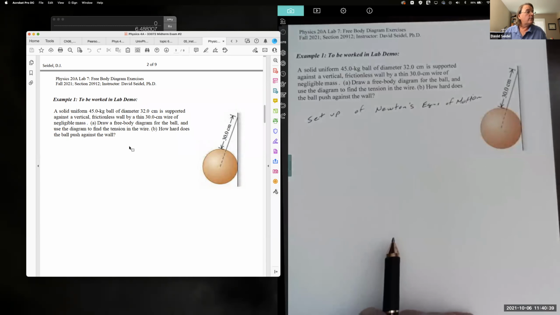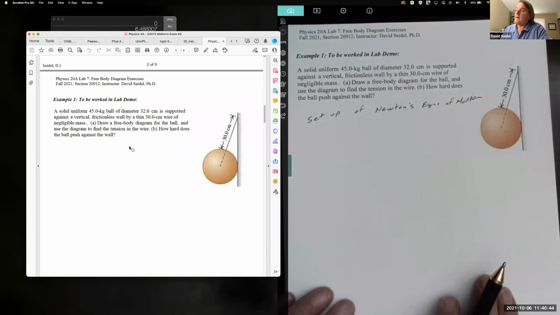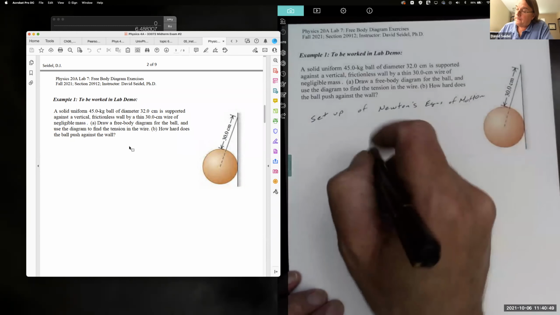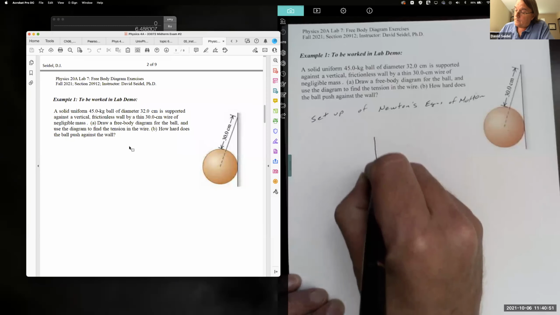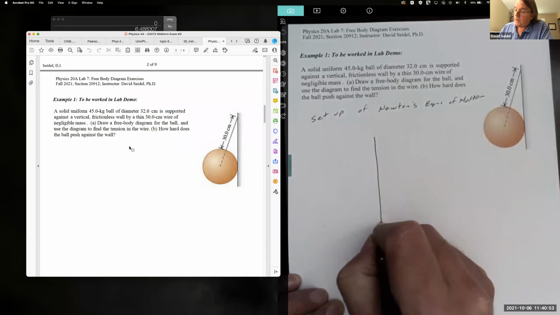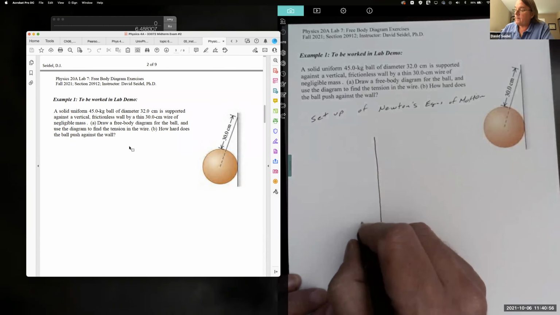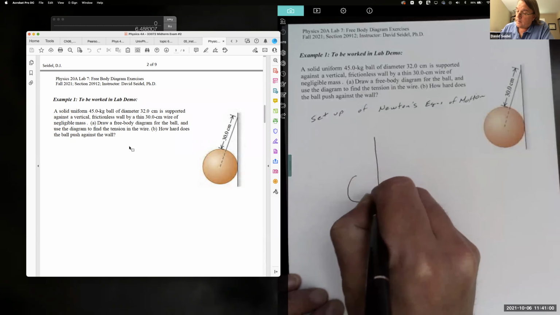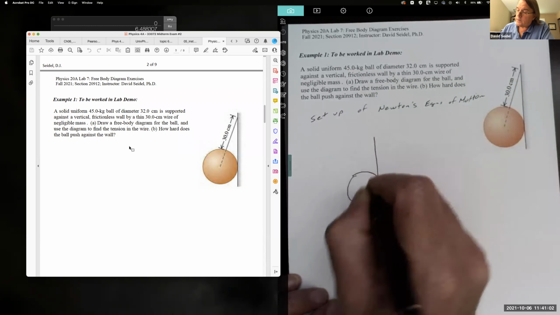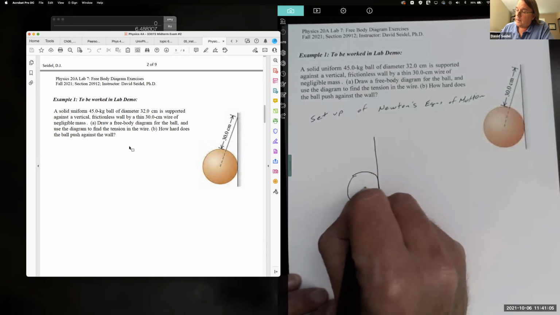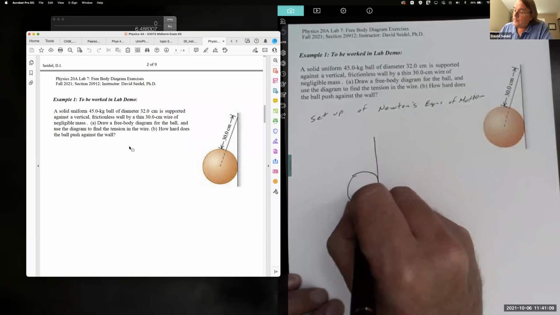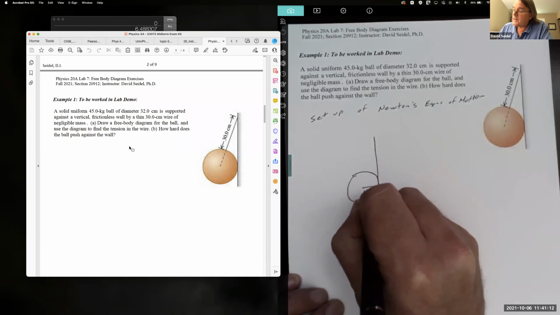So let's start drawing this here. First off, let's try to redraw this diagram a little bit. Sometimes I just like to redraw it just to get my bearings on it. Here's just a circle. This here is 16 centimeters.